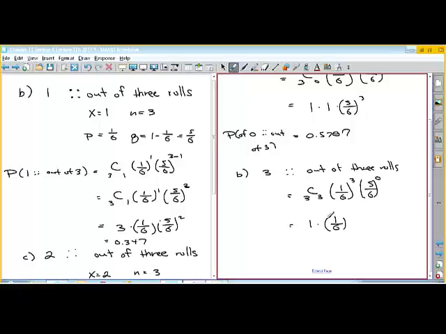And the 3 things taken 3 at a time is 1. We have 1/6 to the 3rd power, and any number raised to the 0 power is 1. So we just take 1/6 to the 3rd power, and the probability of getting a 4 3 times in a row is 0.00463. So that's the probability of 3 4s out of 3.